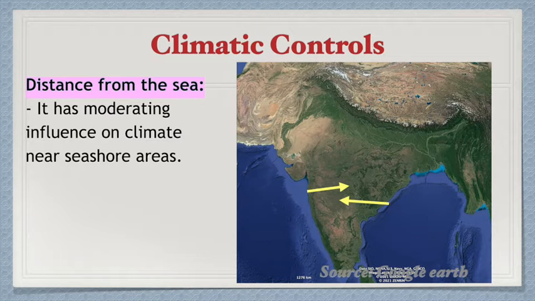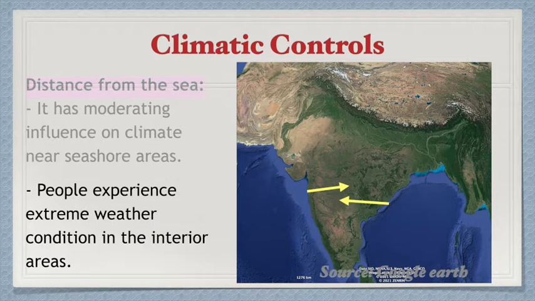Sea has a moderating influence over climatic parameters near the seashore area. If one moves from the sea to interior areas, there are higher variations in temperature as well as precipitation. So distance from sea largely contributes to the variations in temperature and precipitation.